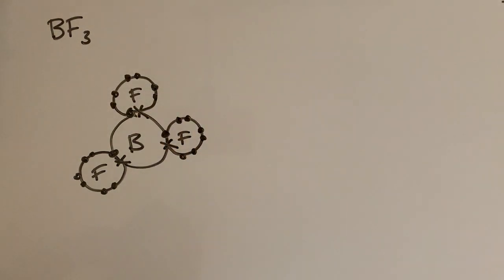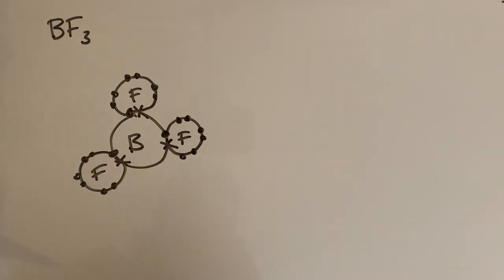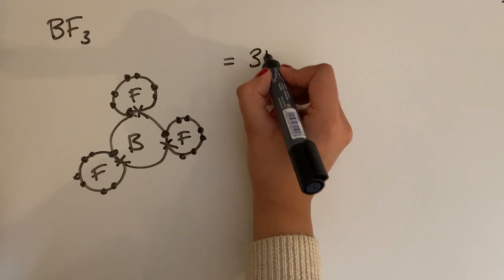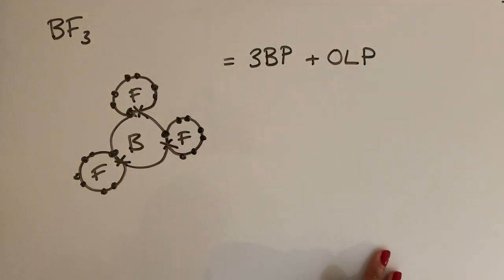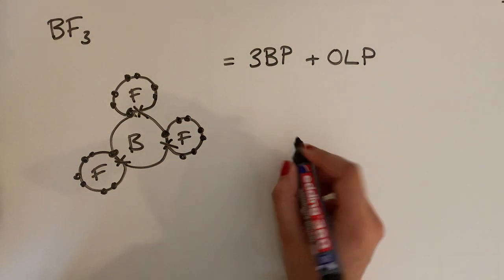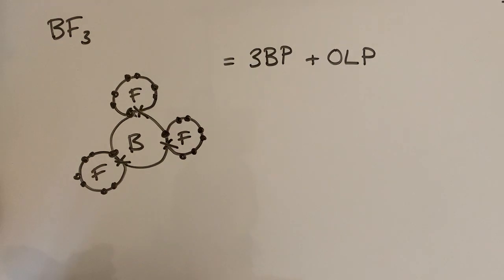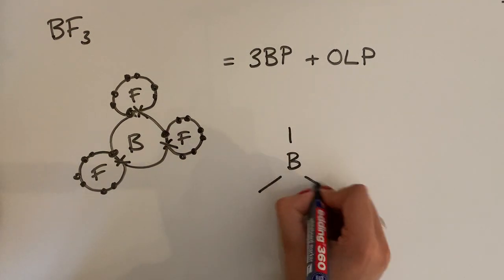So remember, you look at the central atom, in this case it's boron. Boron now has 3 bond pairs and it has 0 lone pairs. I don't have a molecular model for this, but it's going to be a flat molecule, so they're going to want to be as far away from each other as possible. So this gives rise to this flat molecule here.